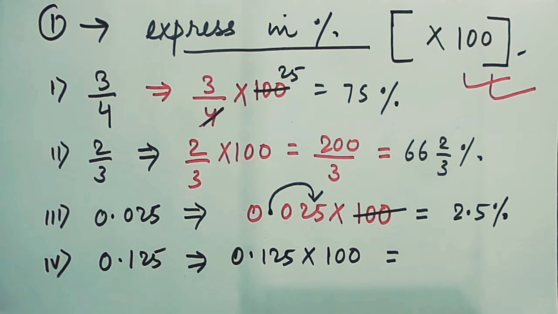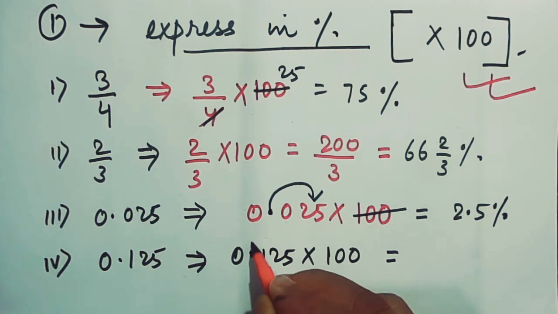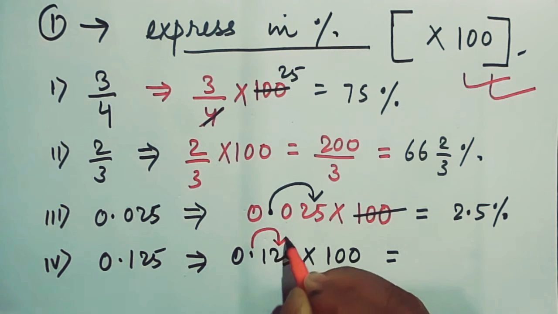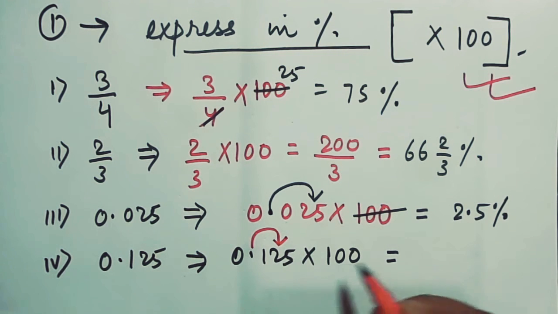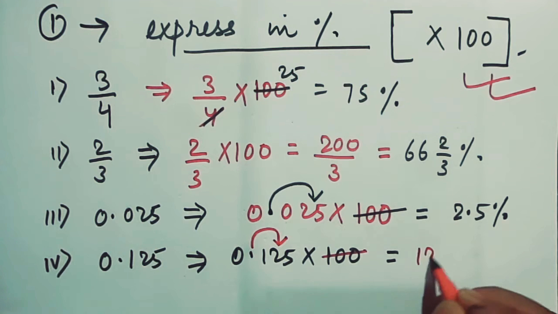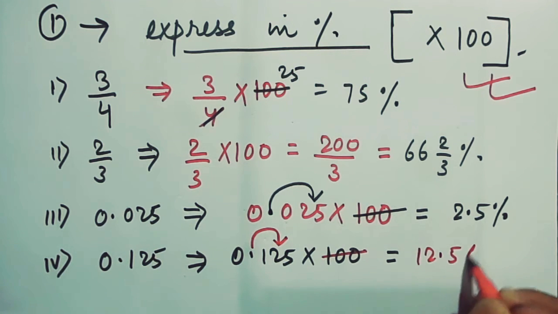Means when we multiply a decimal value with 100, the decimal shifts towards the right hand side. Why? Because the value becomes bigger. So it is equal to 12.5 percentage.